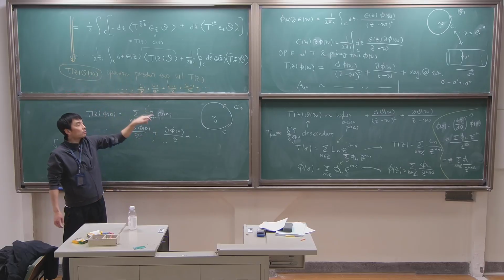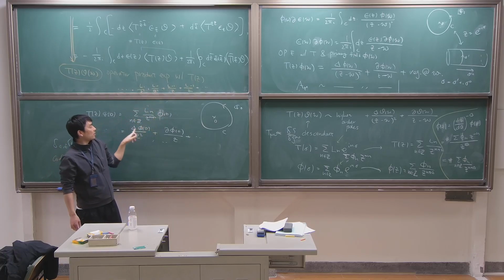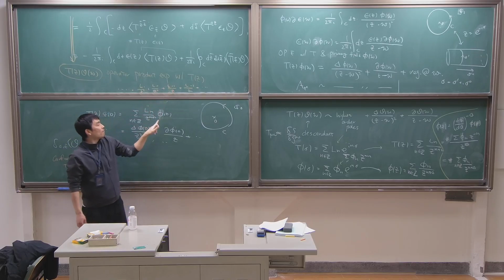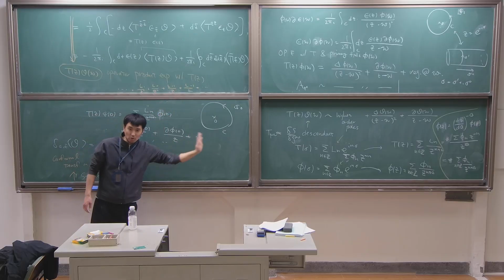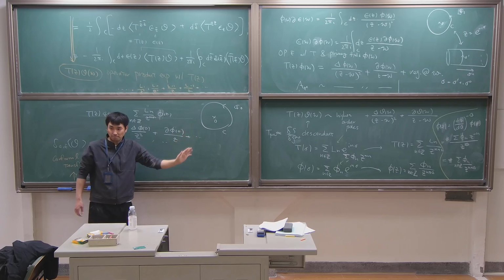So all the higher modes annihilate phi. That's what it means. But L0 acting on phi, you get the conformal dimension. L minus 1 acting on phi, you get the derivative. And L2 is much more complicated.